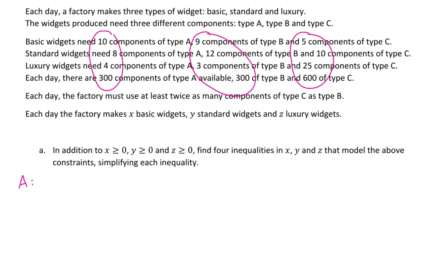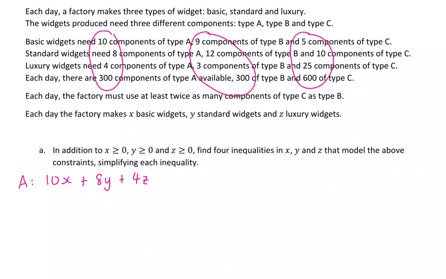So we can set up an inequality for components of type A, because if X is the number of basic widgets and I need 10 components for each basic widget, then that is 10 lots of however many basic widgets there are. So the number of components times the number of widgets, plus 8 components for each standard widget, and 4 components for each luxury widget.